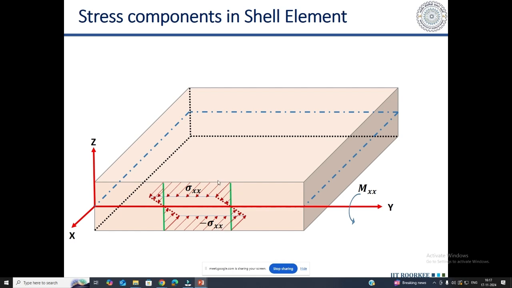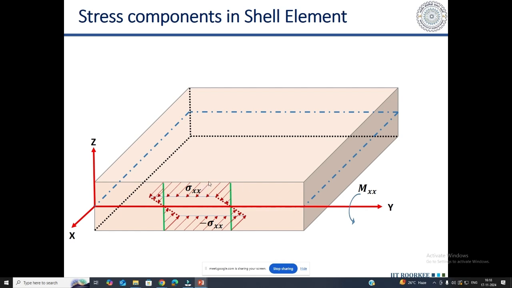So this kind of stress will generate, and here I have shown just a portion of this surface, but don't consider this will be acting only in this much area. It will be acting throughout this plane. So the entire x plane will be subjected to this kind of stresses. This happens when you apply the rotation about y axis.